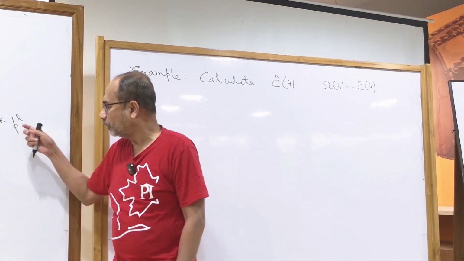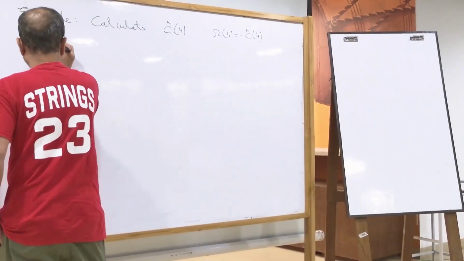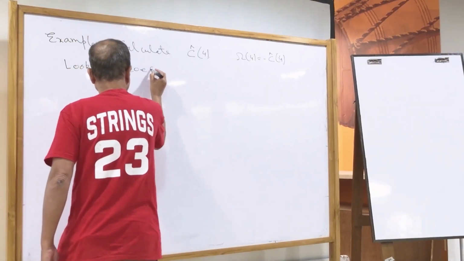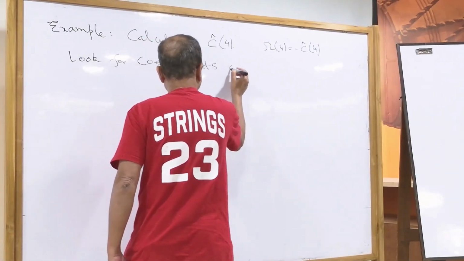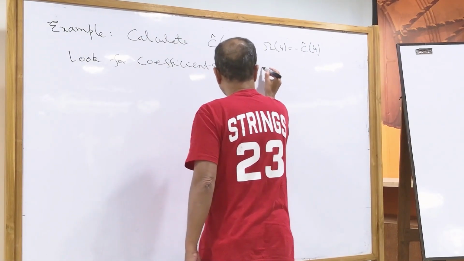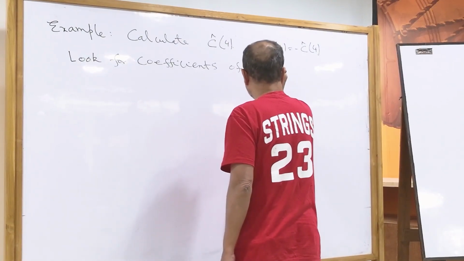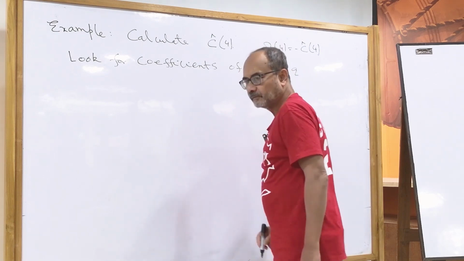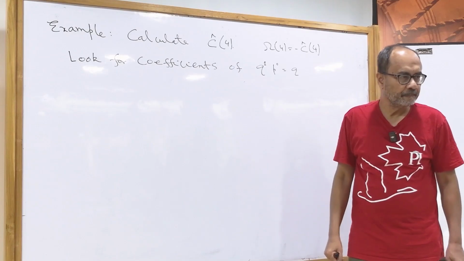So we look for the coefficient of Q to the 1 and P to the 0, which is basically Q. So you want to expand this and look for the coefficient of Q.